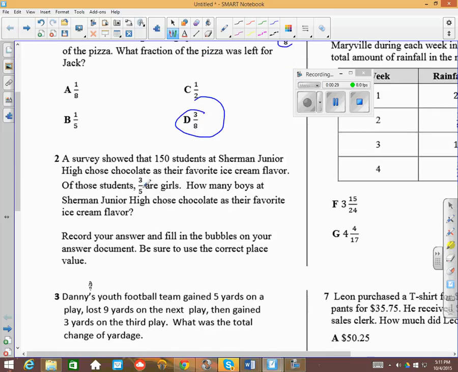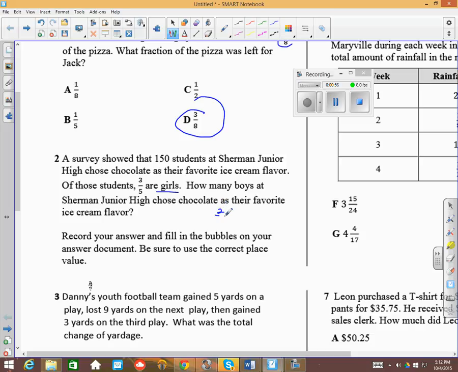Number 2: A survey showed that 150 students at Sherman Junior High chose chocolate as their favorite ice cream flavor. Of these students, three-fifths were girls. How many boys at Sherman Junior High chose chocolate as their favorite? So three-fifths were girls that chose it, then it must be two-fifths will be boys.